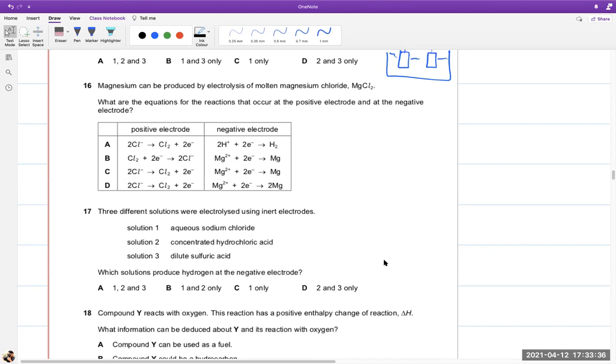C and D show it well for chloride, in fact, A as well. And on the other side, we have magnesium, which will gain 2 electrons. So C and D are right. So which one of them is the right one? Let's see.